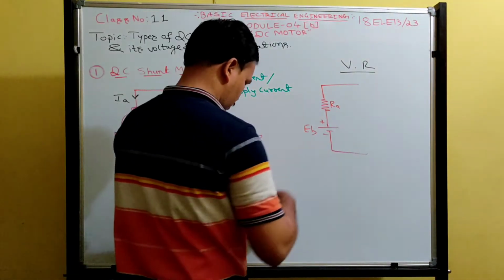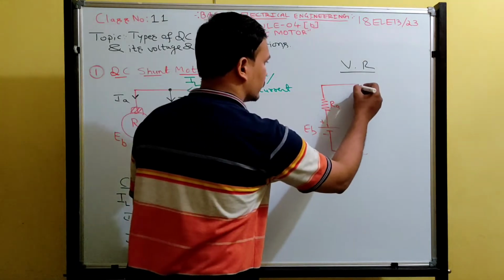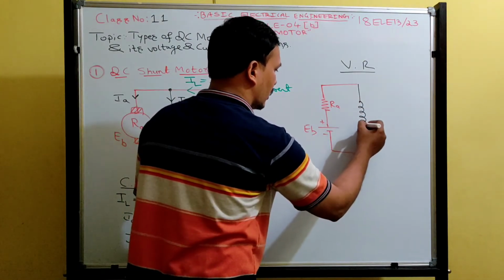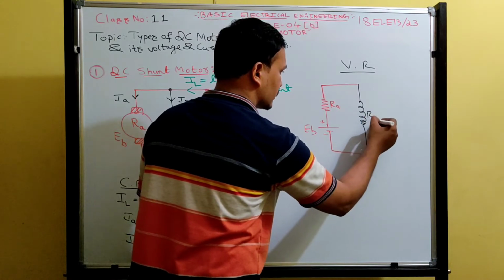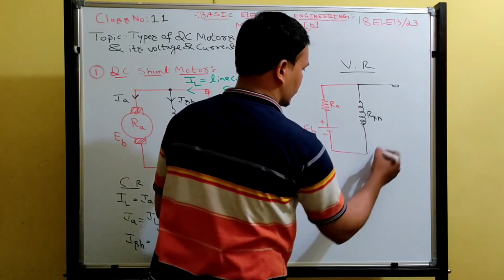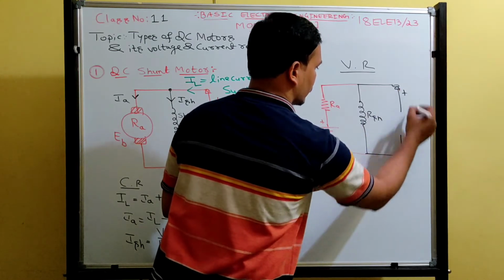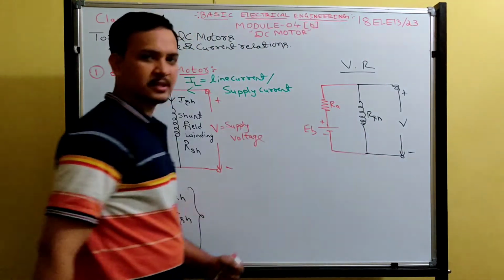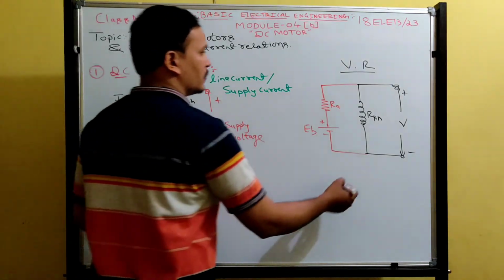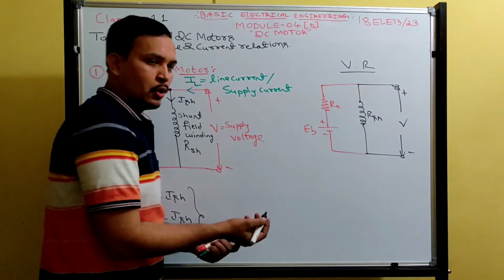Later, we have the field winding, which has some resistance RSH, and this motor is connected to the supply voltage. Now it forms two loops.